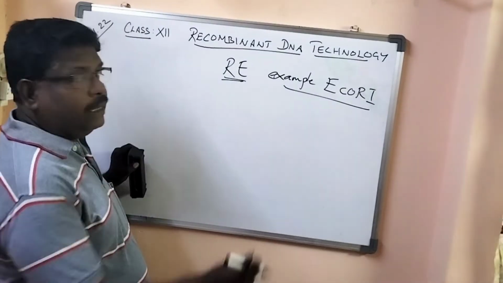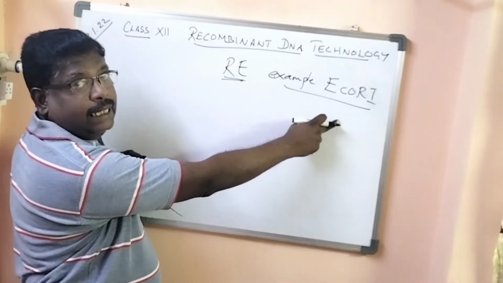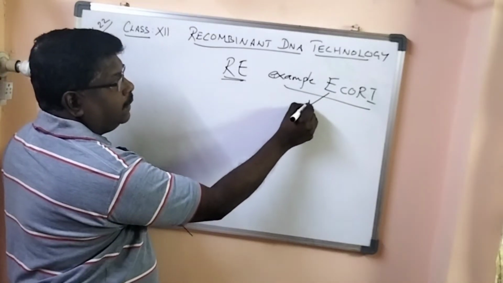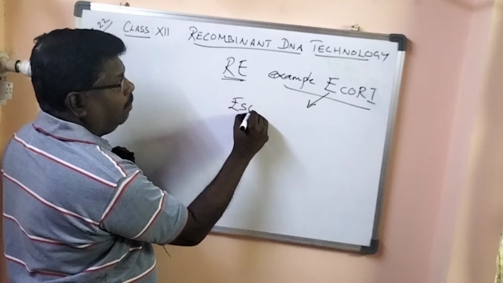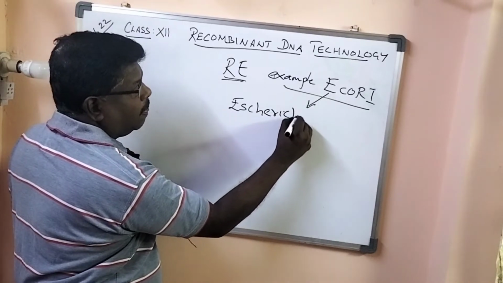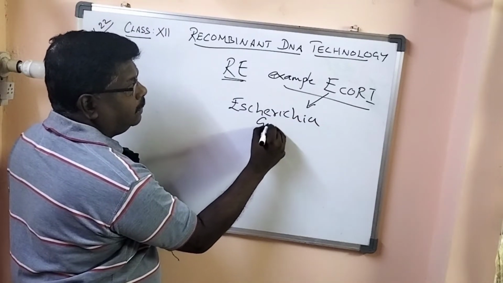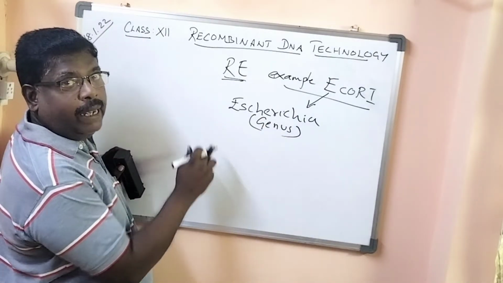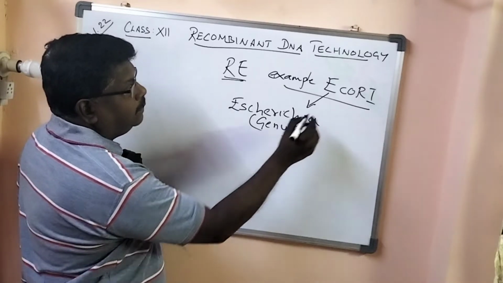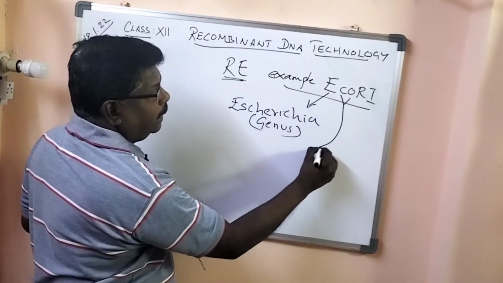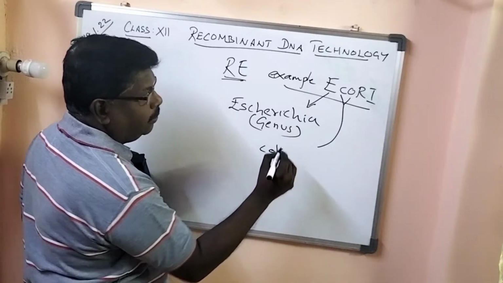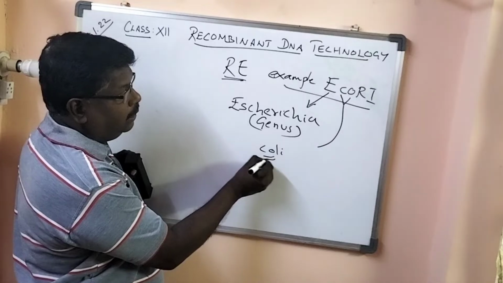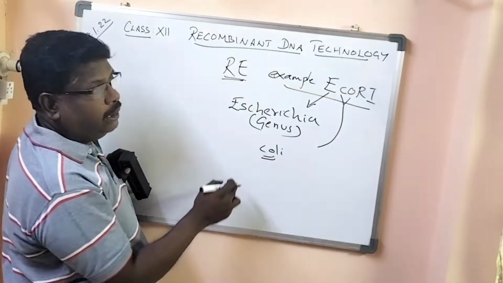This is a restriction endonuclease enzyme, EcoR1. The letter E stands for Escherichia, the genus name of a bacterium. And the co came from coli. All know that the species name of Escherichia is coli. So this co stands for coli.